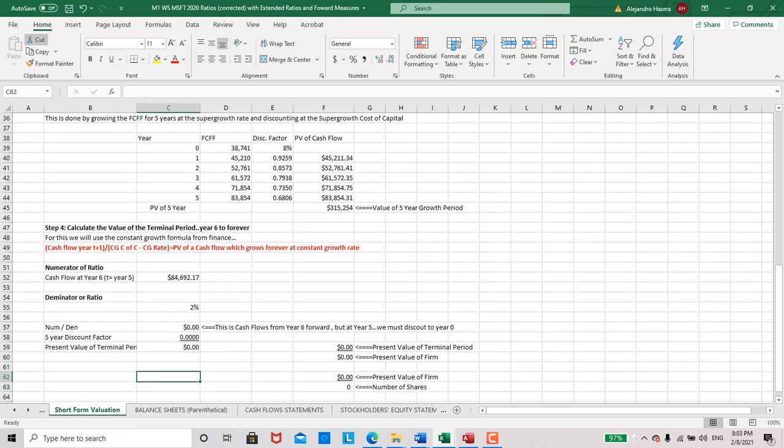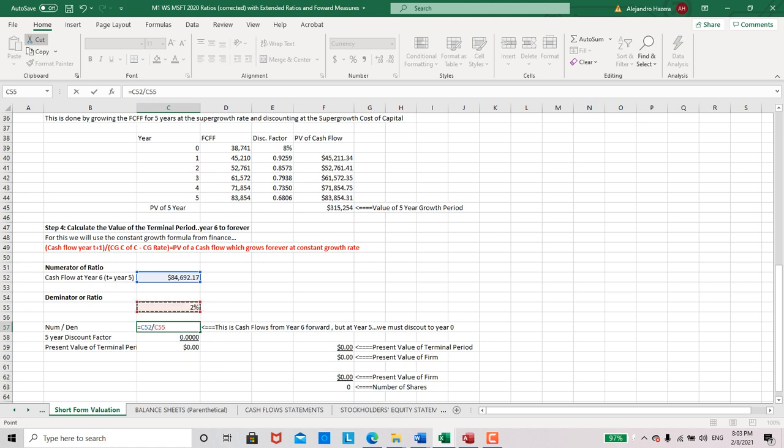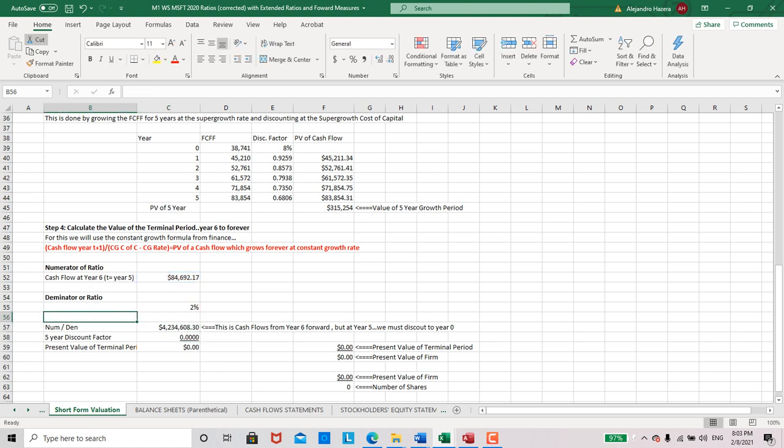Okay, so this is a fraction. If you take 84,692 divided by 2%, which is the difference between the constant growth cost of capital less the constant growth rate, then you end up with $4 trillion, something like that.